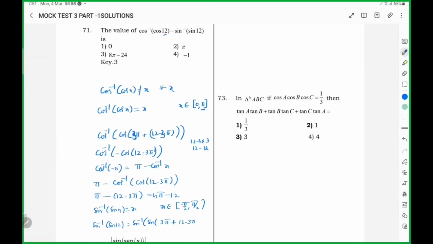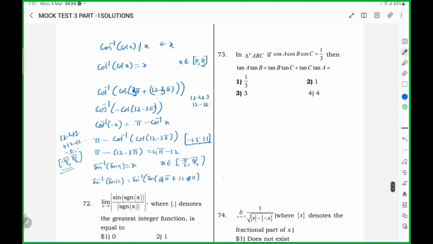But 12 minus 9 will be 2 point something, no, because it must lie between minus 1.5 and 1.5 roughly. I'll make it 4 pi. So 12 minus 4 pi will be a small negative value, which lies in the interval minus pi by 2 to pi by 2. So the answer here is 12 minus 4 pi.